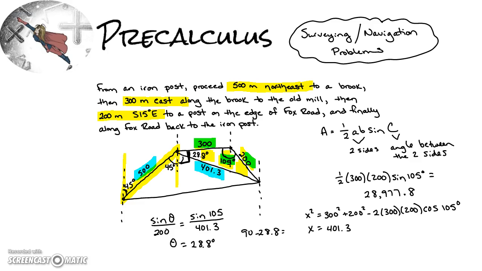So let's do that. That gives us 61.2. Okay, and where that's going to go is, just clean up our picture just a little. The 61.2 is going to go right there.